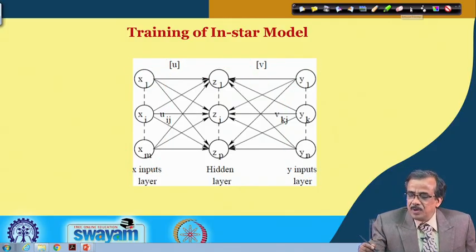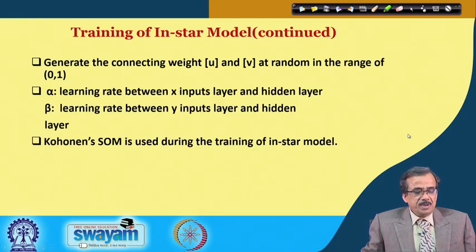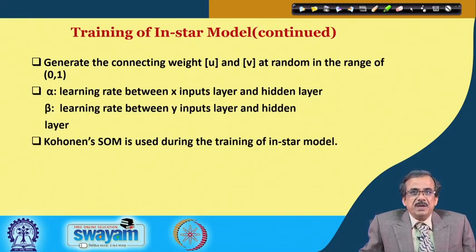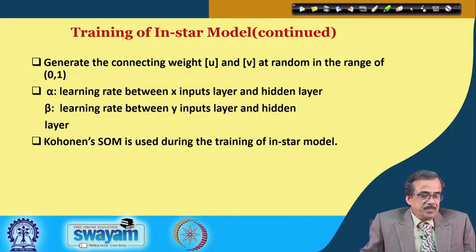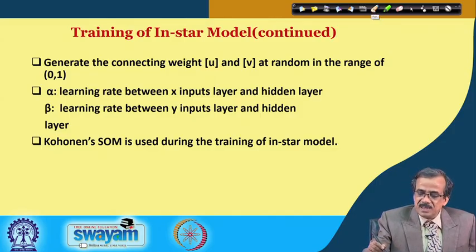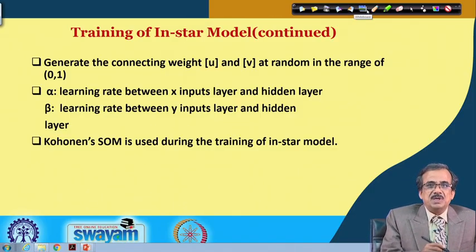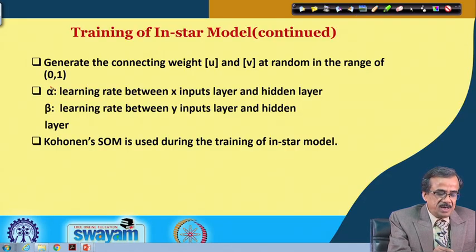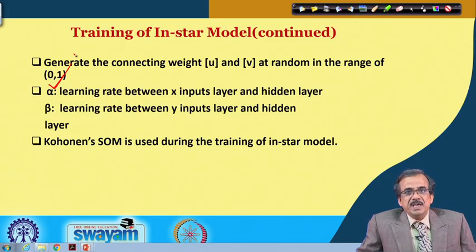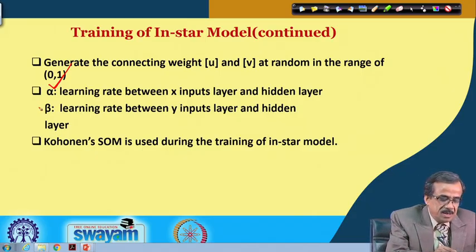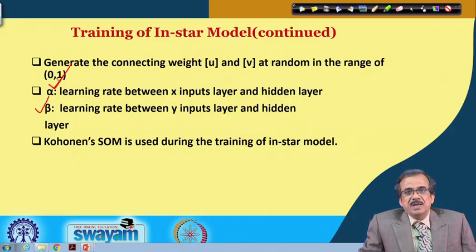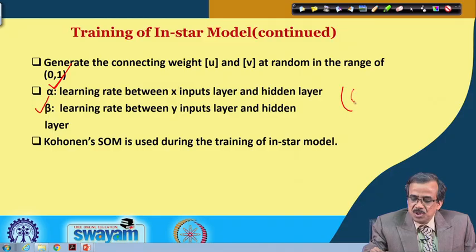Now, let us see what we do in in-star model. So, we generate the connecting weights, that is u and v, in the range of say 0 to 1, and we consider some learning rate. For example, say alpha is the learning rate between x input layer and the hidden layer, and beta is the learning rate between the y input layer and the hidden layer. Now, this alpha and beta will lie in a range of say 0 to 1.